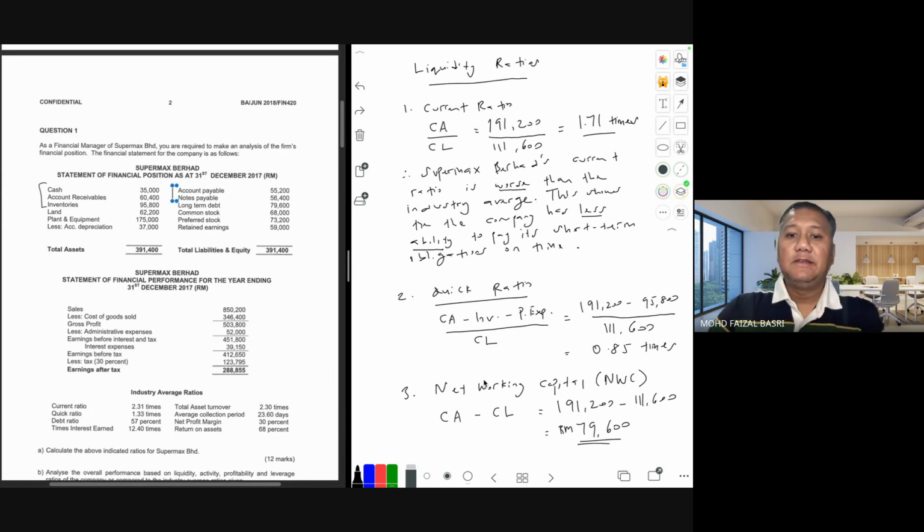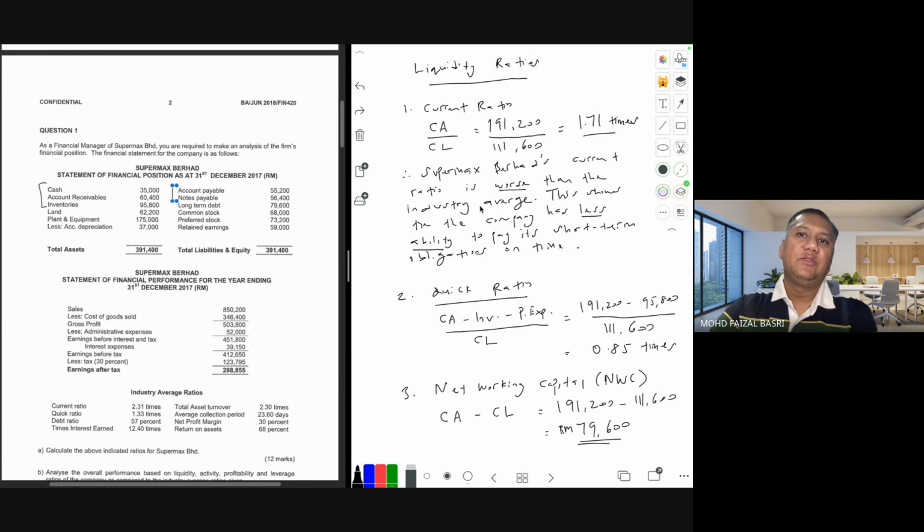For question number 3, net working capital, we don't have any figures to compare. That's why a ratio is sometimes not really meaningful on its own, standalone. Is 79,600 good or not? It's relative. Some may say it's big, some may say it's not enough. So we cannot judge whether this net working capital is good or not, as long as we cannot compare with other numbers.